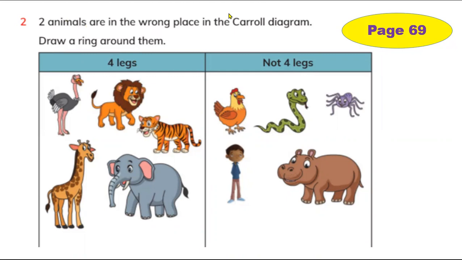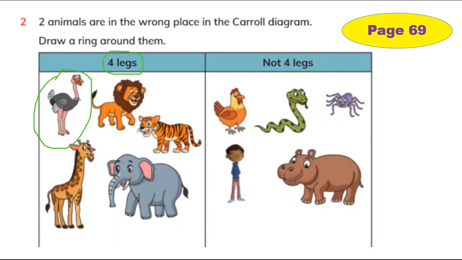So guys, look at which animals have four legs: lion, tiger, elephant, and giraffe. Okay, so there is a bird that has two legs, without four legs. This animal is okay without four legs. So the ostrich will be in the wrong place, because the four-legged animals can be inserted here. And which animal does not have four legs?